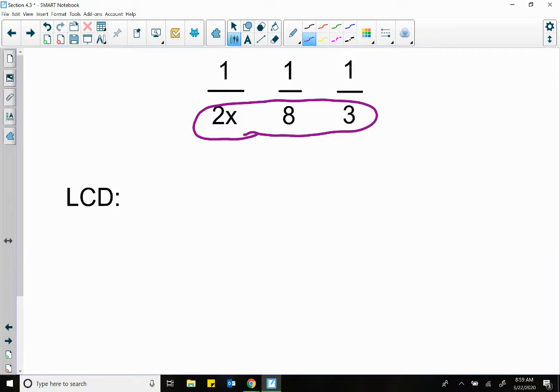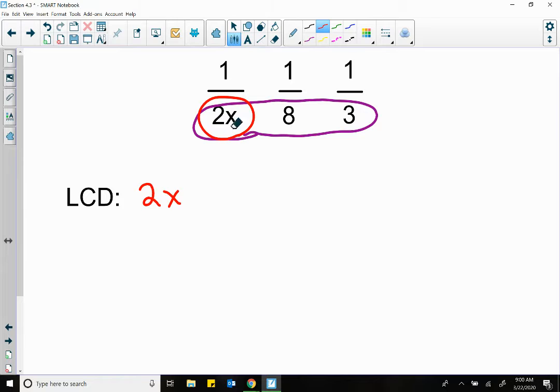You're going to hear me say this a lot: the least common denominator has to be made up of everybody that's up here. The 2x, the 8, the 3. So when I start to find my least common denominator, the very first thing I'm going to do is write down my first denominator, 2x. Because like I said, it has to be made up of everybody that's up there. Okay?